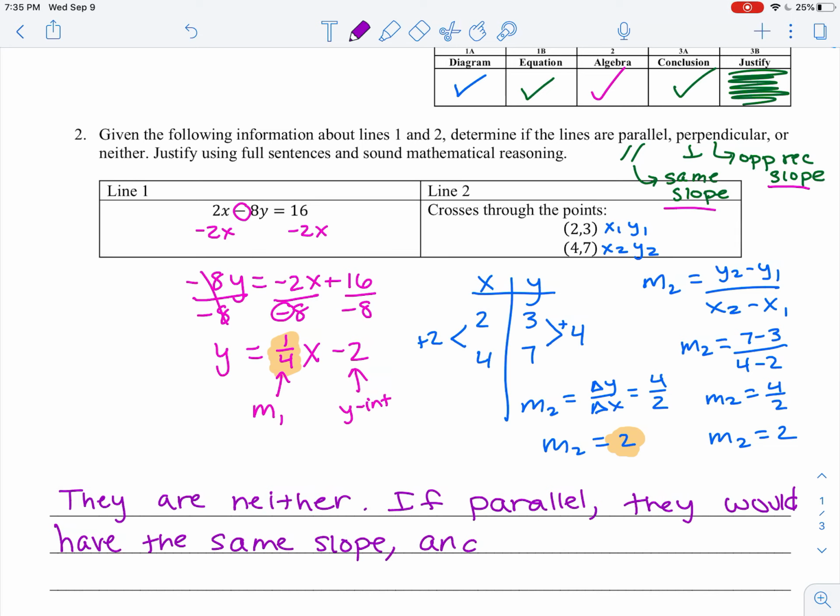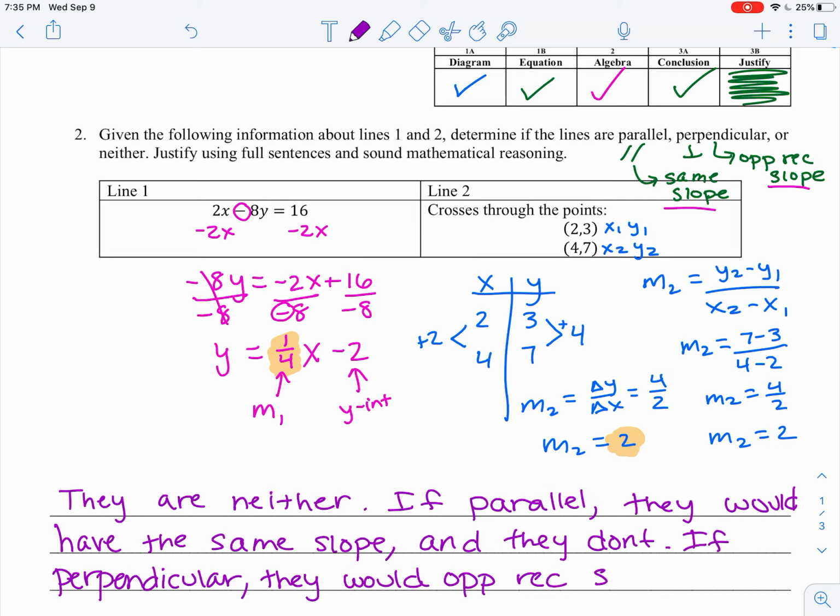And they don't. Right? Those are not the same slope. If they were perpendicular, they would have opposite reciprocal slopes. And they don't.